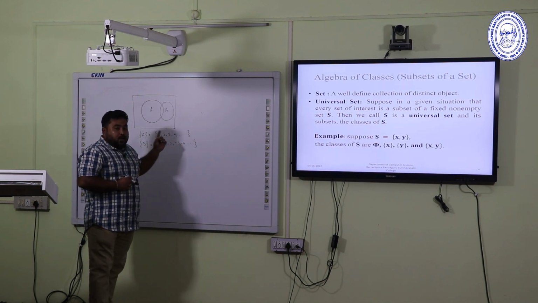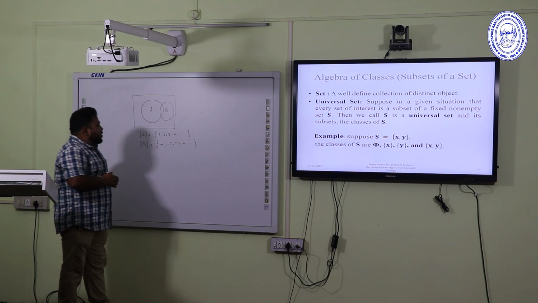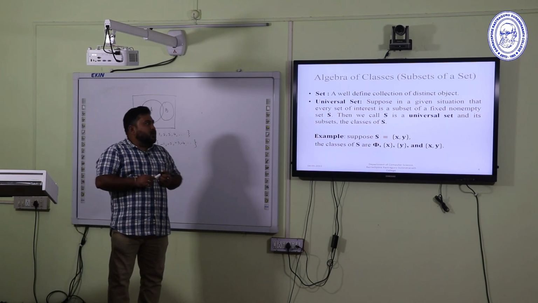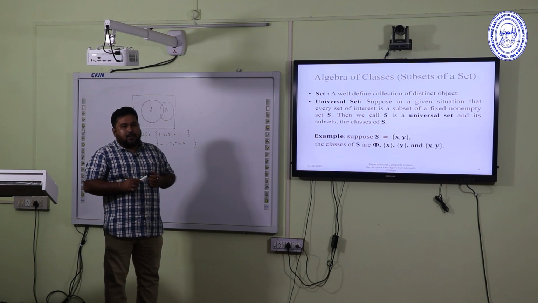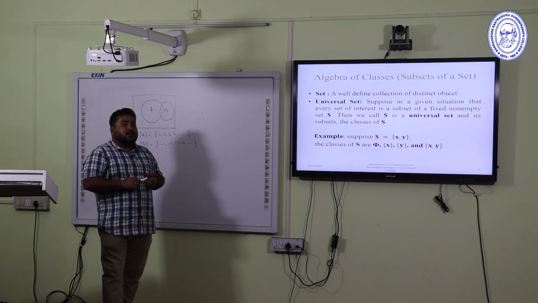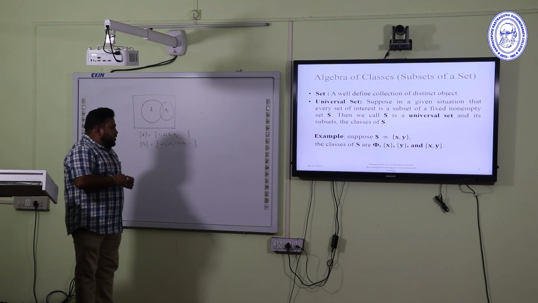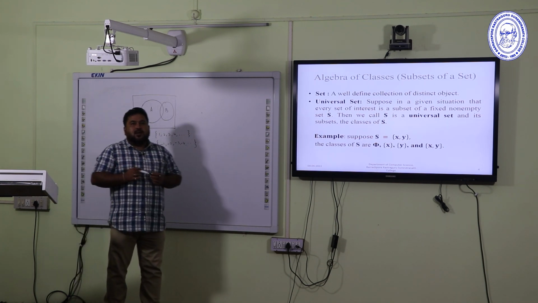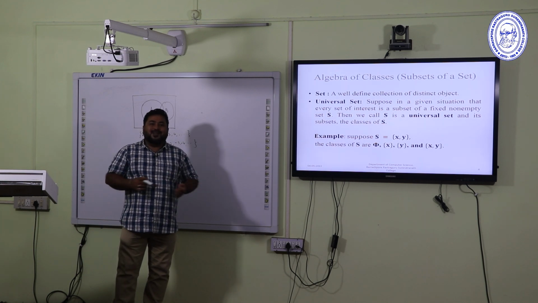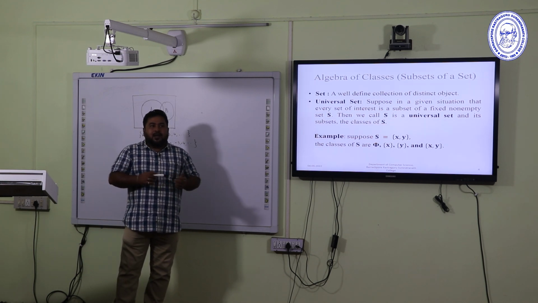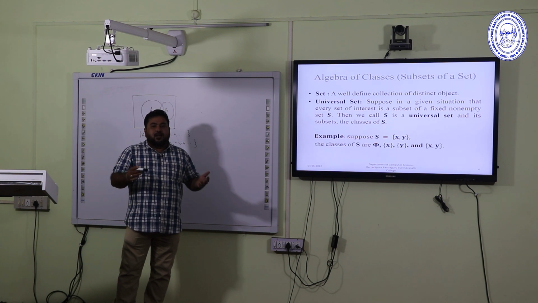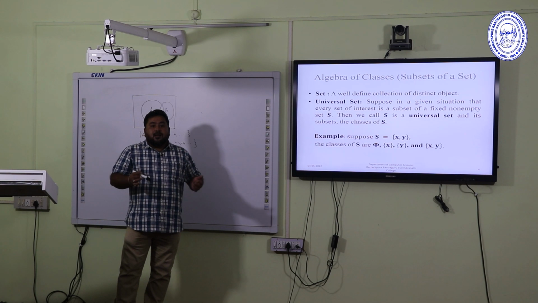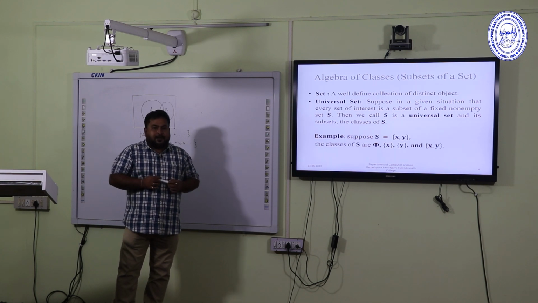In Boolean algebra, the universal set is a concept where, in a given situation, every set of interest in our real world is a subset of a fixed non-empty set. Suppose in a real world situation we take our world as an example of a universal set, and our house, our locality, the chair, the bench, the room, the animal, the people are elements of this particular set.